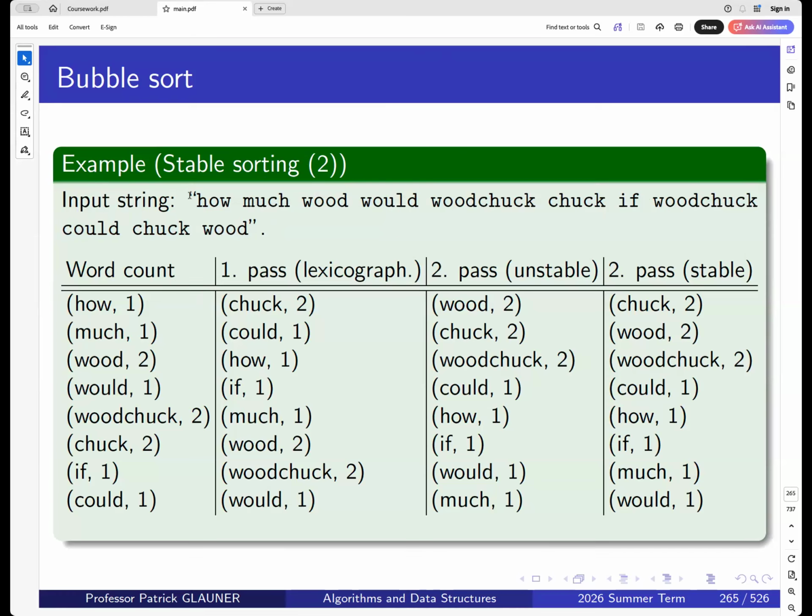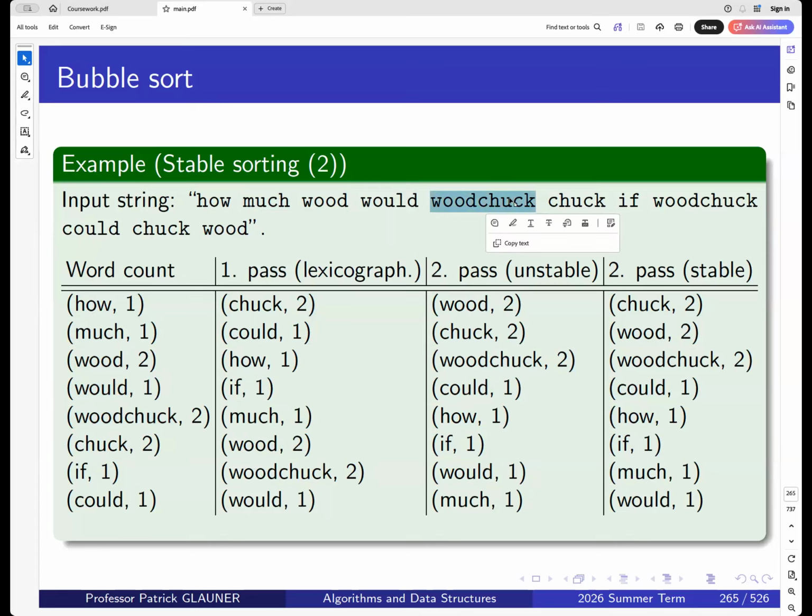And I take this input string, and what I'm doing now is a word count. I'm counting the words. So how appears once, much appears once, but would appears here and there, so twice.